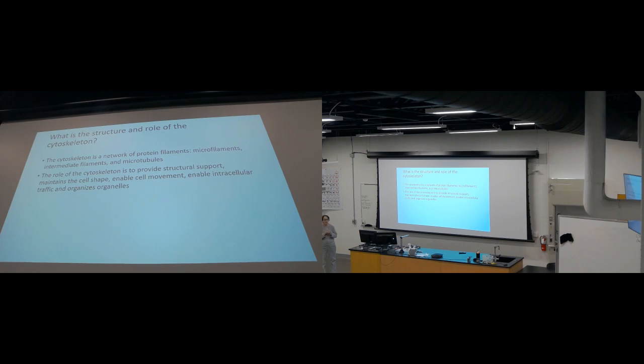These give shape and structural support to the cells, and also enable the movement of the contents in the cell, and of some cells if they are able to move. It helps to maintain pathways through which molecules can move, so it helps in the traffic and organization of the organelles.